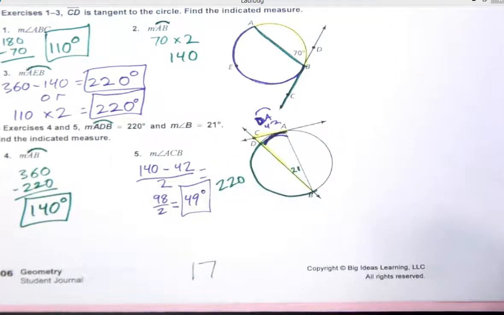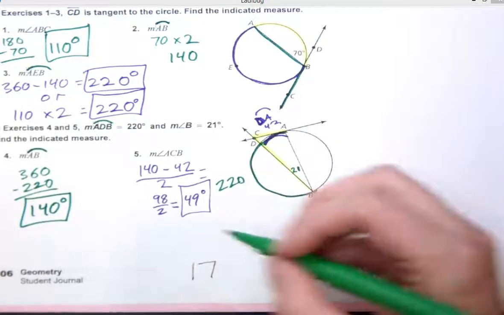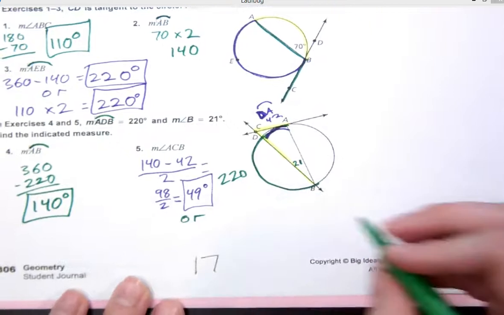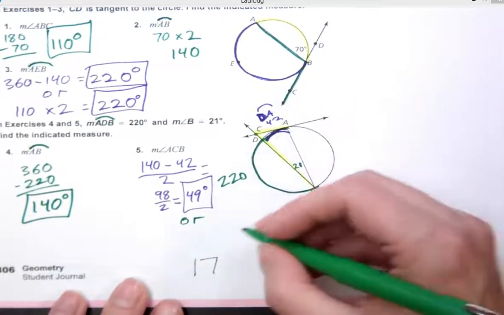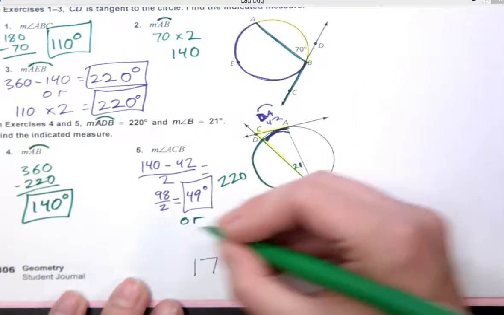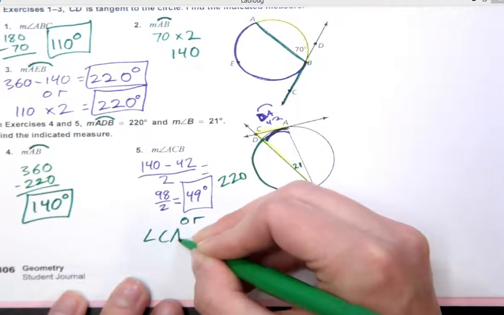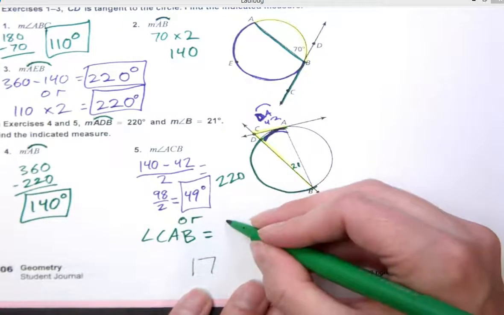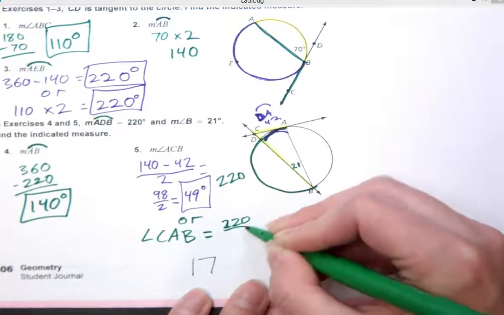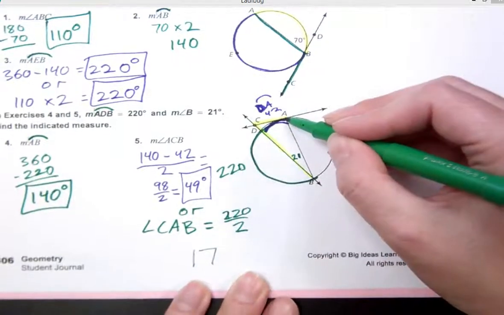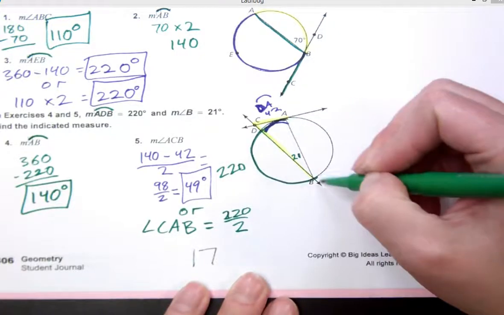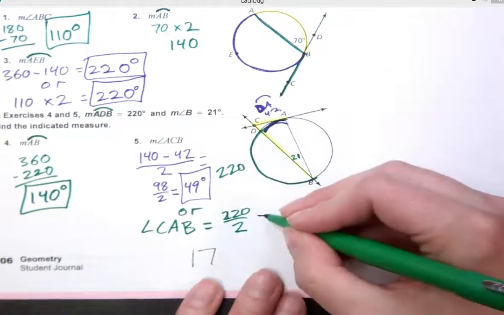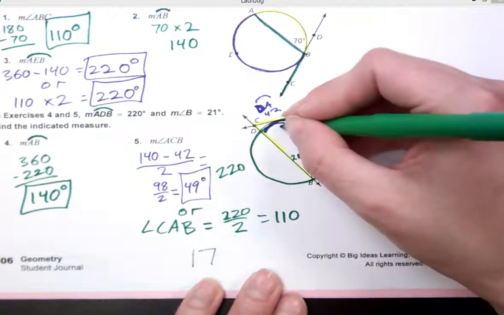Okay, so that's one way, pretty easy. The other way is just to recognize the triangle. So we have the triangle, we find angle A, angle CAB has to equal half of 220 because we're just going back in. That is on the vertex, so it's just 1/2 of the outside. The vertex is on the circle, and so that equals 110.